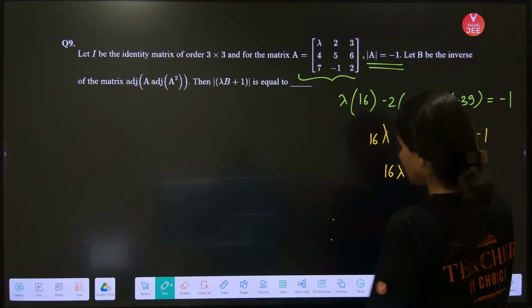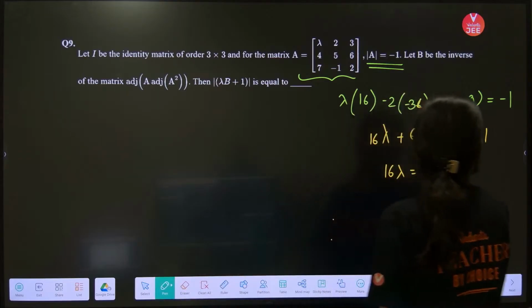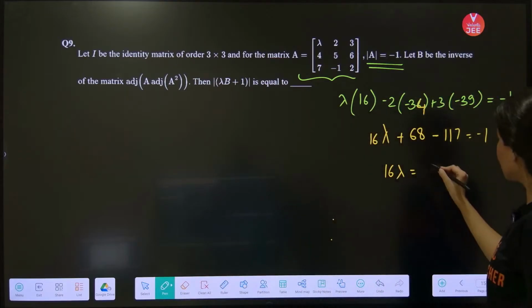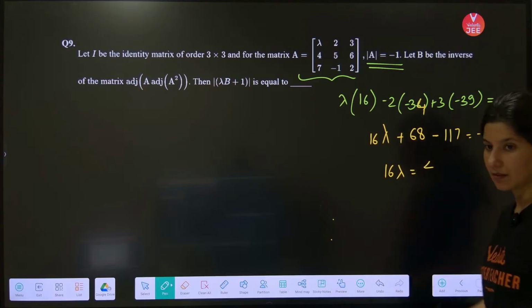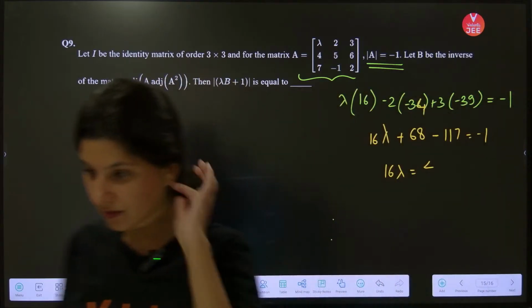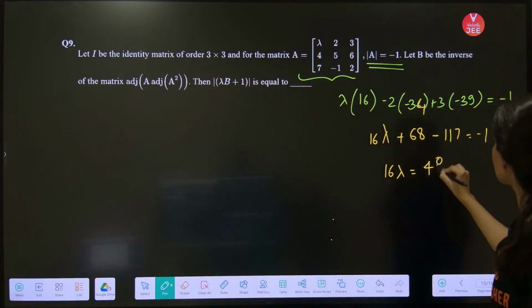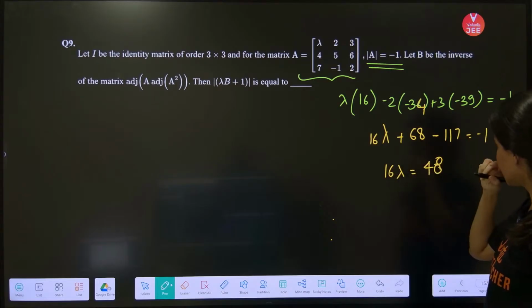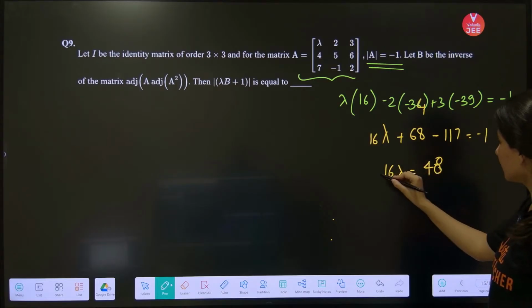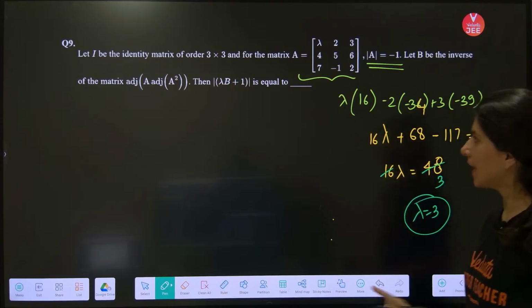So this is going to be 68. Now 68, so this is going to be what? Tell me. 48. Yes, 48. So now lambda is 3. Lambda is coming out as 3.